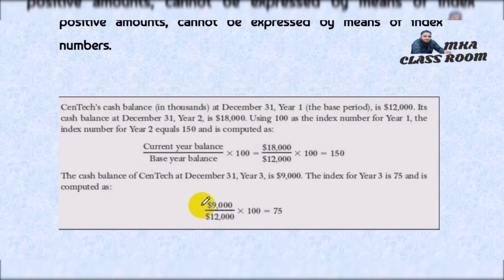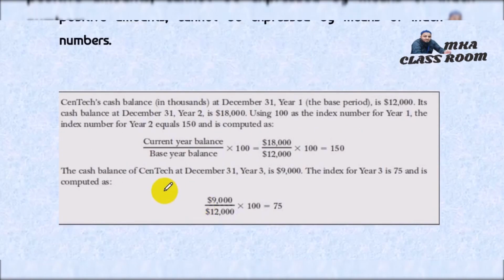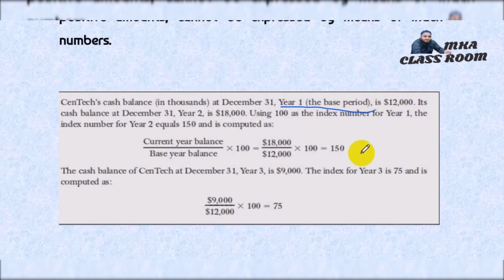So here as an example, you can see Syntec cash balance at December 31 year 1, the base period, 12,000. Its cash balance at December year 2 is 18,000, using 100 as the index number for the year 1.